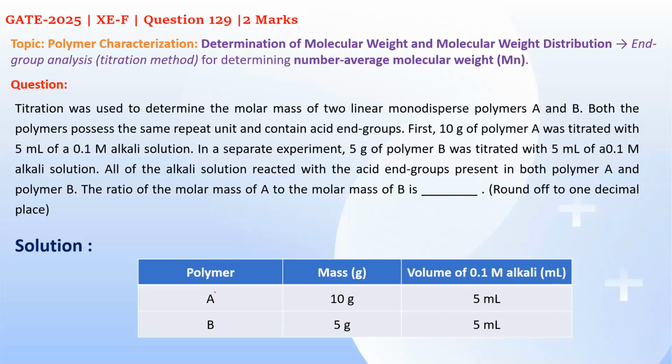We have two polymers which are linear monodisperse, both with the acid end group, so each chain has the same number of reactive ends. They are titrated against 0.1 molar alkali and all acid groups react completely. Now we must find the ratio of molar masses, that is Ma divided by Mb.